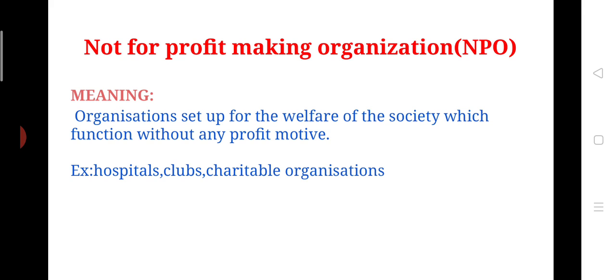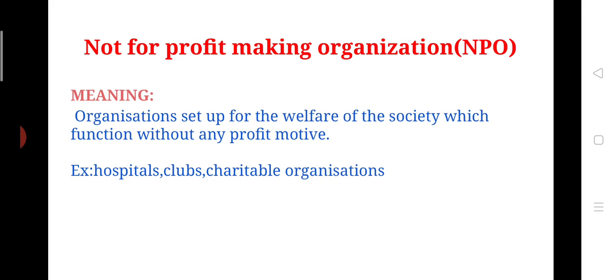It is about the meaning. What is the meaning of NPO? You know, dear students, the NPO is an organization set up for the welfare of the society or welfare of the members who set up this organization without any profit motive. You know, students, basically there are two types of organizations. From the profit making angle, we can categorize all the organizations in this world into two categories.